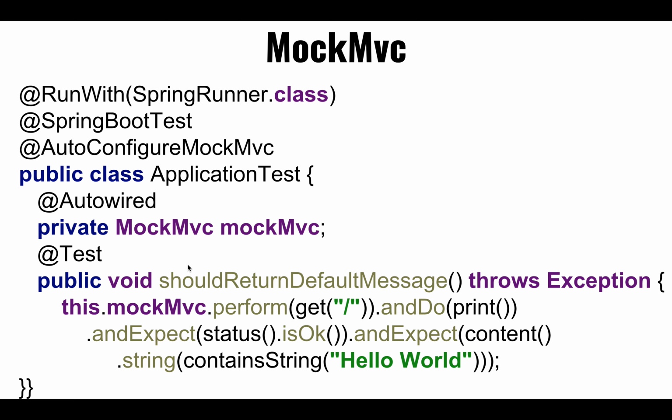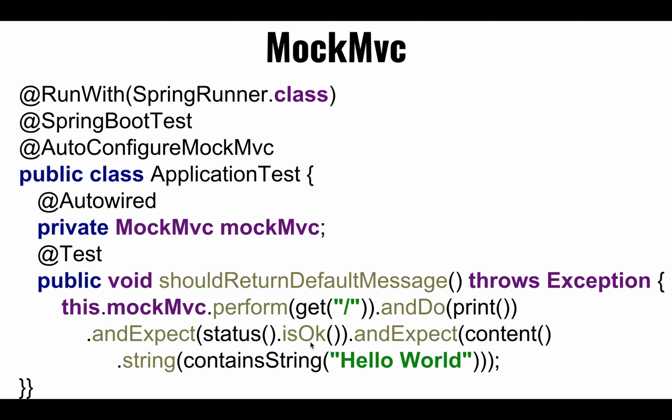So here we're using MockMvc, and we are performing a get slash, meaning there is a controller waiting for that slash. This will generate the invocation of the function associated to that endpoint. It's verifying that it's going to receive an OK status, 200.